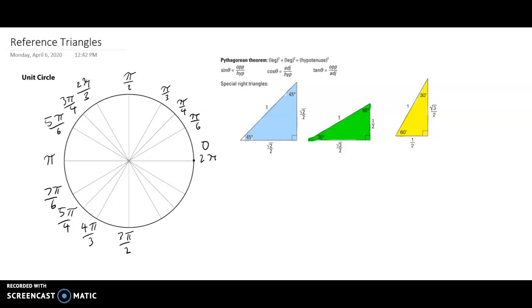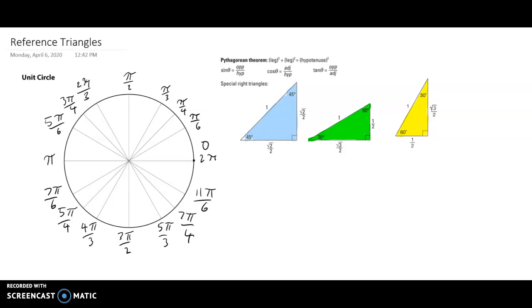This one right here is going to be, let me think, 5 pi over 3. This would be, let's see, 7 pi over 4. Yes. And then this last one right here is going to be 11 pi over 6.